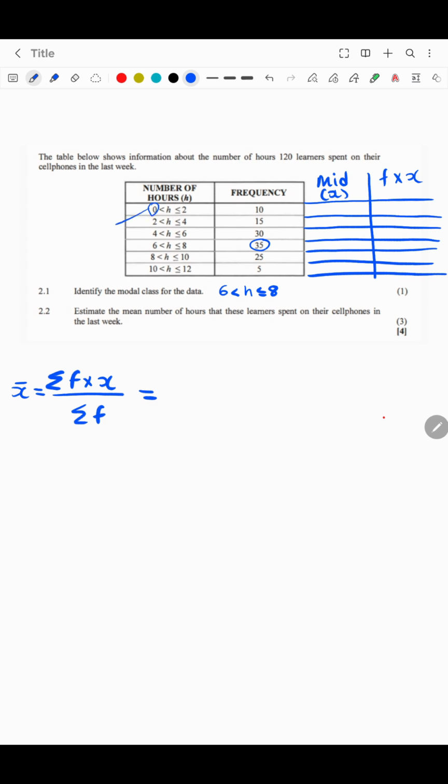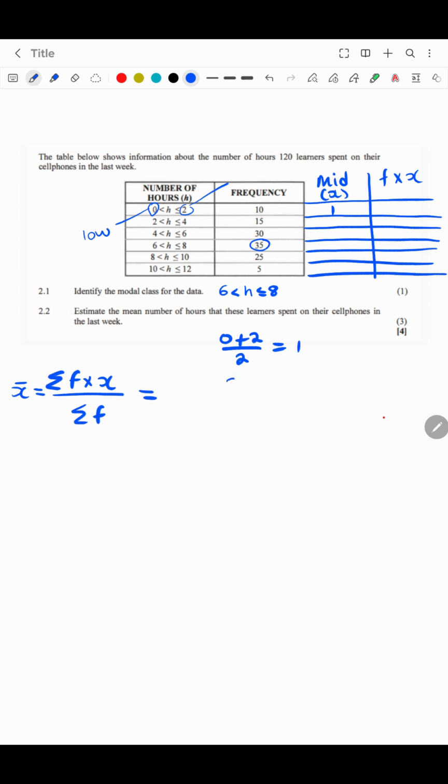For the first interval, the lower bound is 0 and the upper bound is 2. So to find the midpoint, you add them together and divide by 2. So for the first interval, it will be 0 plus 2 divided by 2, which is 1. So the midpoint for the first row will be 1.